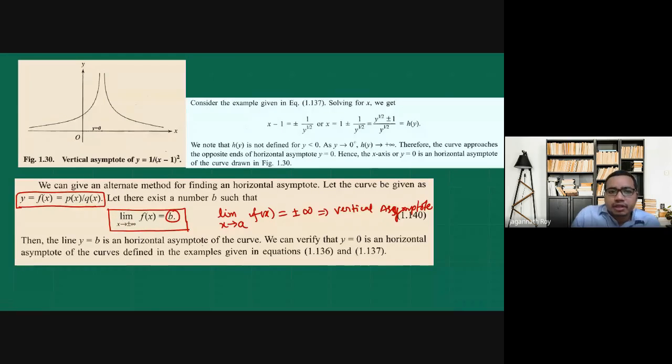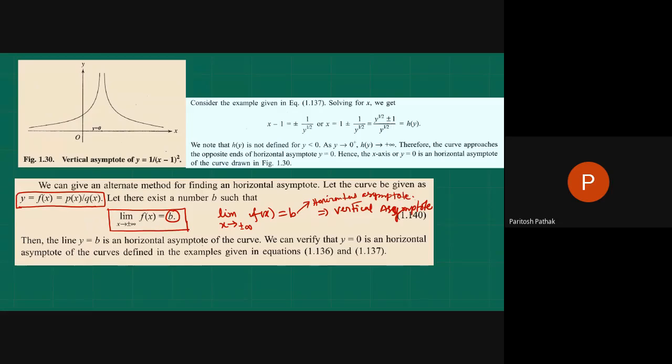But now if we allow x to go to plus or minus infinity, and the limit is a finite number, then this will give us a horizontal asymptote. Okay, so we will see some examples.